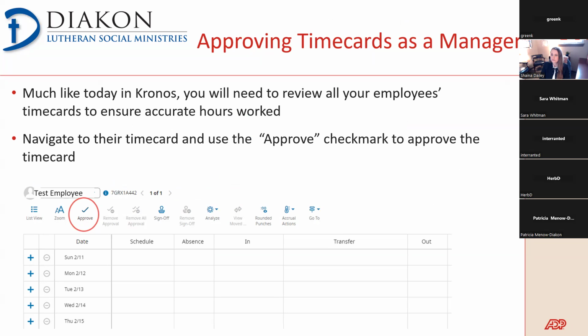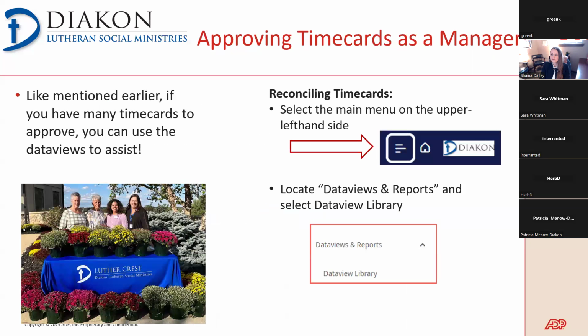So much like we do now in Kronos, when you're on the employee's time cards, this is a typical view of a time card where you can go in, review it in its entirety, and then just click the approve button at the top. Super, super simple. This, of course, would be the ideal way to do it, so that you could see each employee's detail.